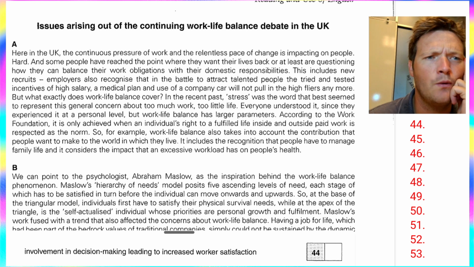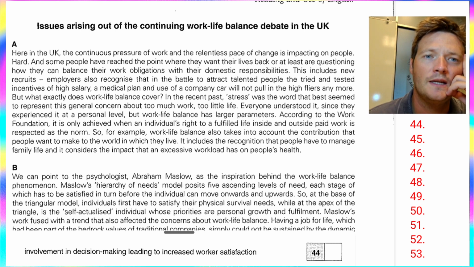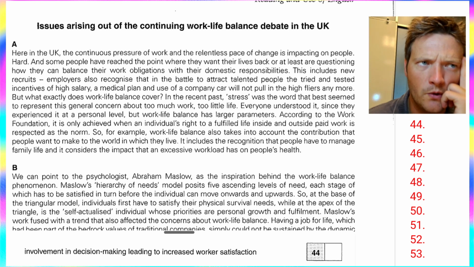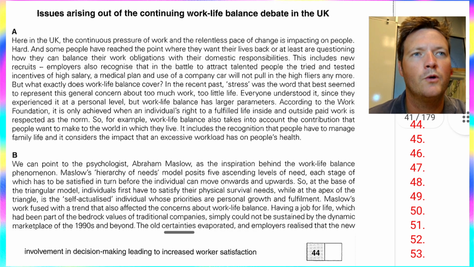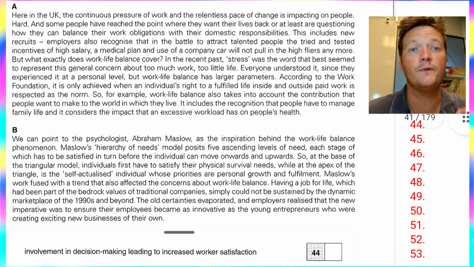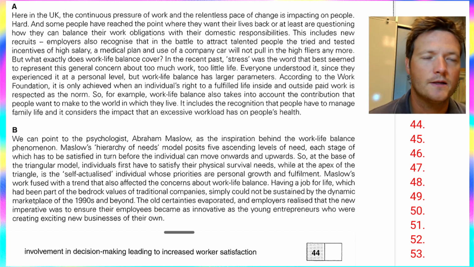So this is an interesting one, I think, in number 44. It's the idea that if you have more control, more influence over your life, in this case, decision-making, so the way the company is going to go, it will make workers more satisfied, right? If they feel more personally involved in what's going on. So let's have a read of the first text and see if we can see anything to do with that.